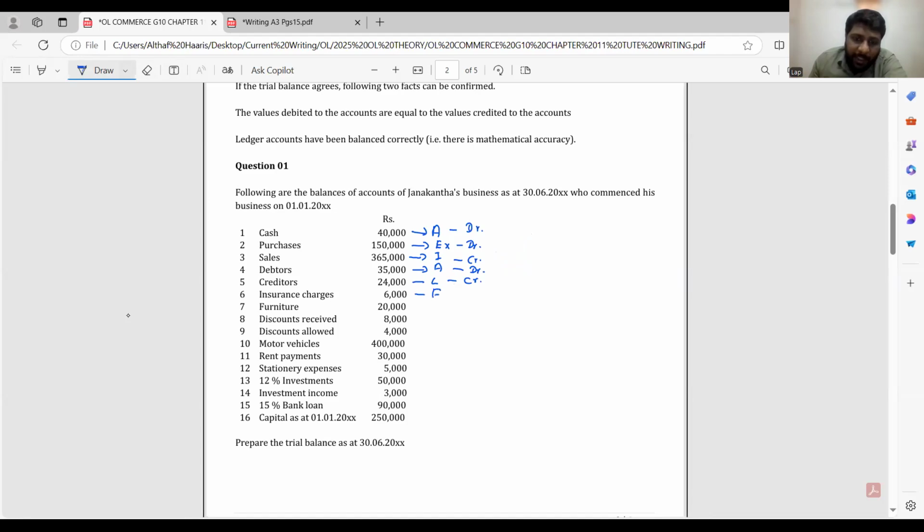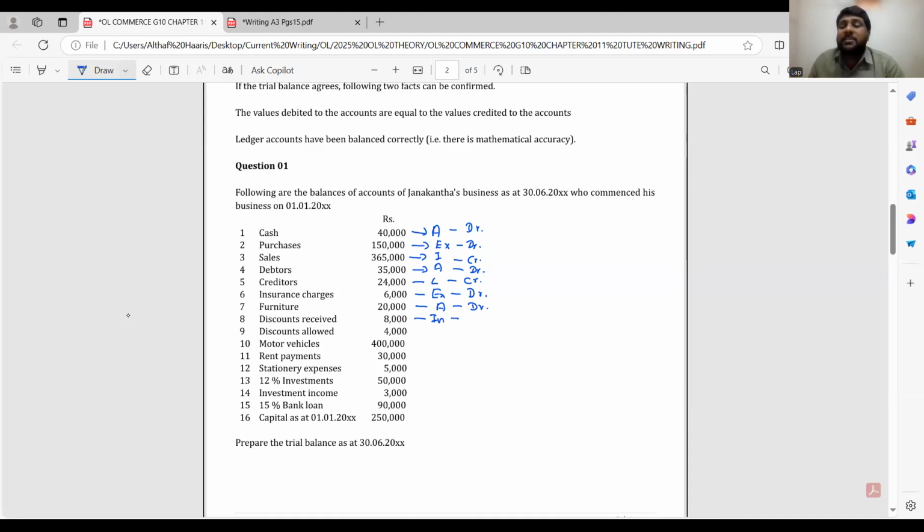Insurance expense. Expenses are debit. Furniture, assets, not current assets. Assets are debit. Discount received. We are getting discounts. What is that? Income. Superb.